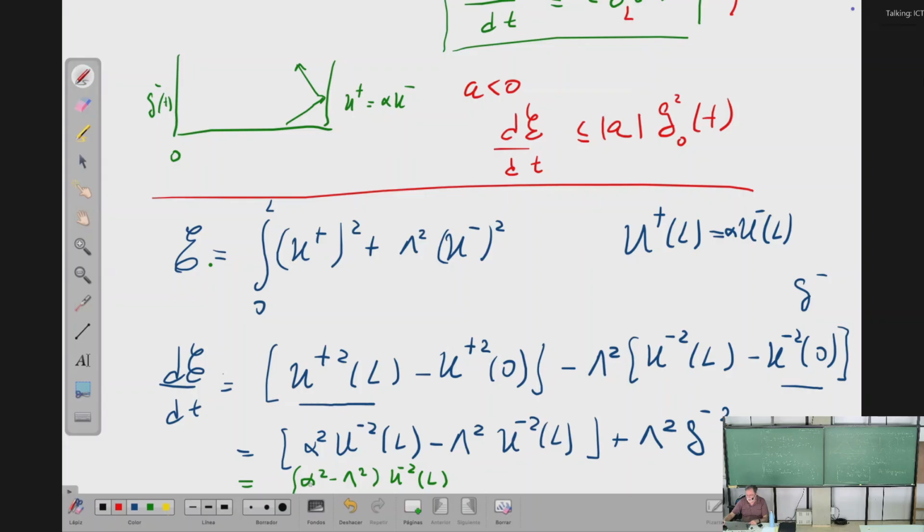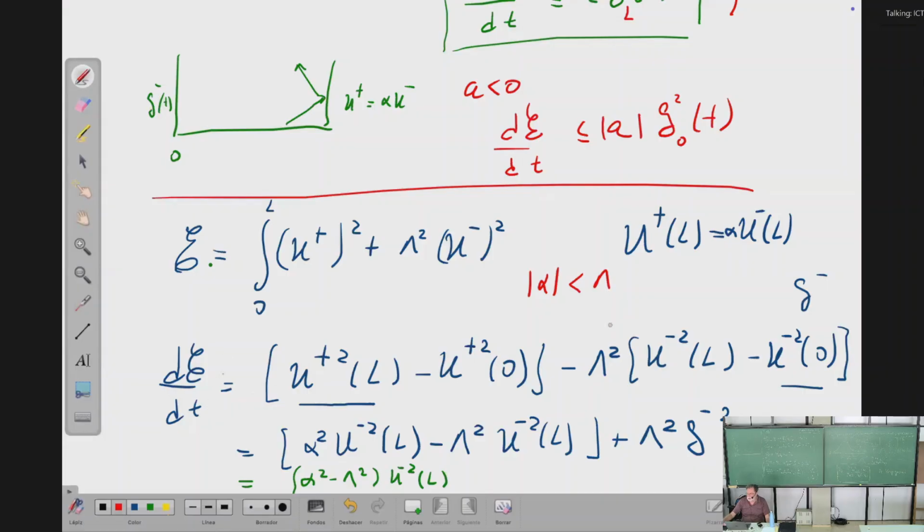Alpha could be negative, right? So what I want is lambda to be smaller than alpha. No, bigger, sorry. I have to choose lambda positive, bigger than alpha, okay? And in this case, this is going to be a negative number, and so I have the energy stability.